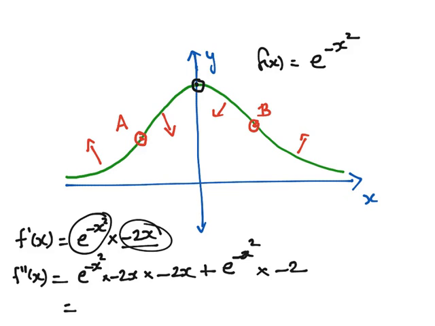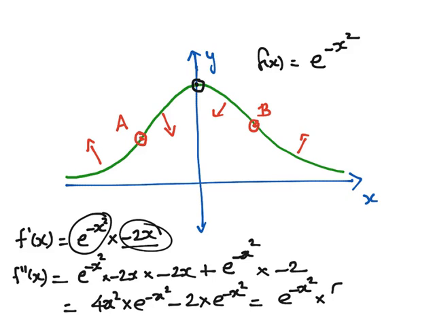So this will give me 4x squared into e power minus x squared minus 2 times e power minus x squared. So if you take e power minus x squared common, you will get 4x squared minus 2. Okay, now to find the coordinates of A and B, you need to equate the second derivative to 0.